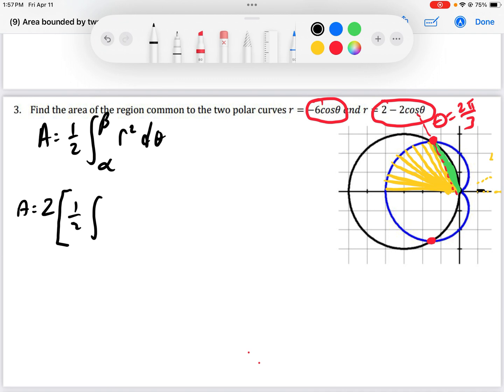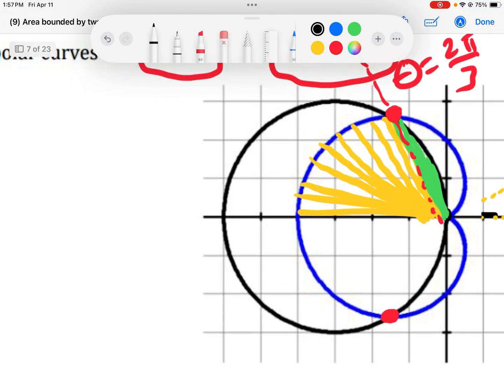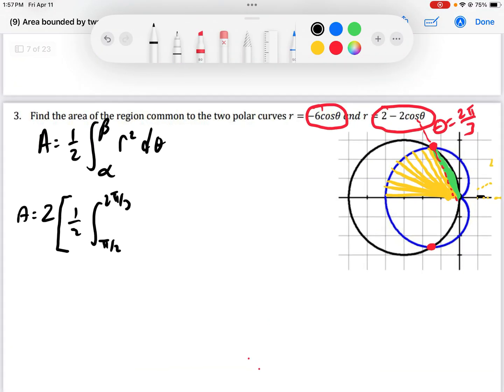It's going to be 1/2 the integral from pi over 2 to 2 pi over 3. And I got my radius from the black function, which was -6 cosine theta, that's my radius, square it, d theta, and add that to 1/2 integral, starting at 2 pi over 3 to pi.